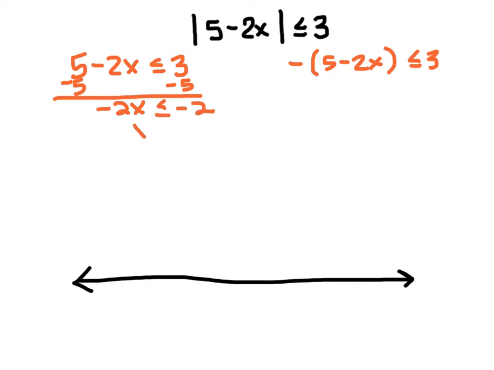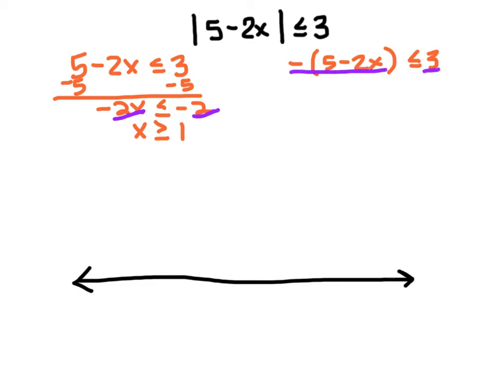I'm going to divide by -2, and when that happens, I flip. -2 divided by -2 is 1. So right in here, I divided by -2. All right, over on the right side, I'm going to divide both sides by -1.